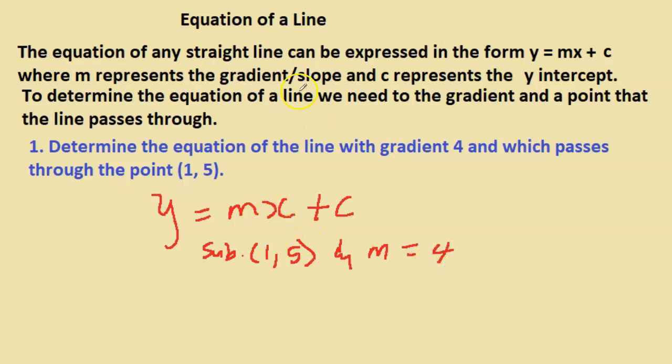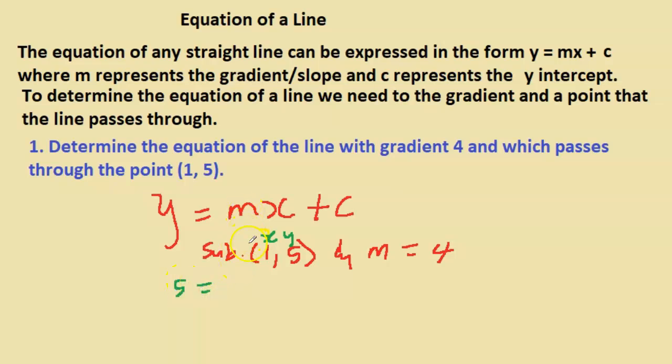When you substitute 1, 5, just note that the x value here is 1, right? And the y value is 5. So our job is to find the value of c. So I will substitute these values into y equal mx plus c. The y value there, that's 5.